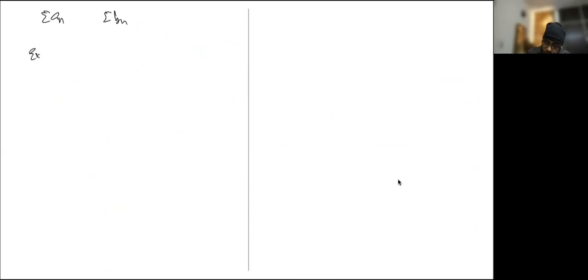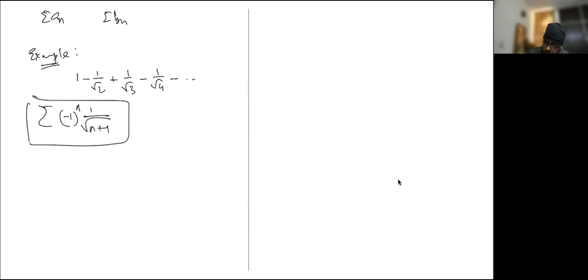So here is an example of that. You take the series 1 over root n plus 1, so that means you are looking at minus 1 to the power n, this series.